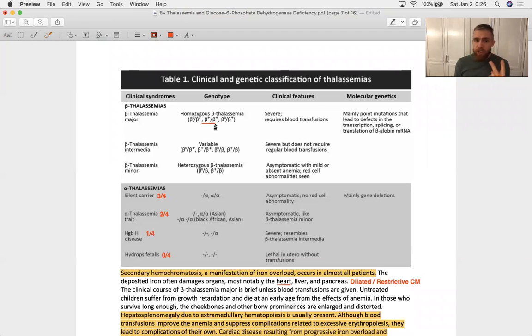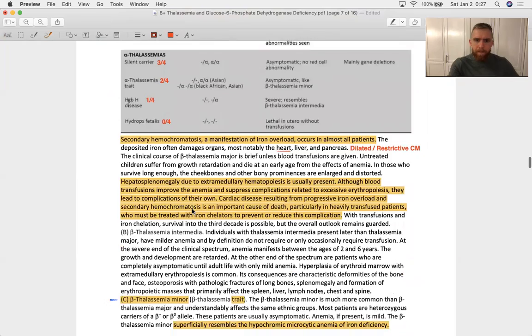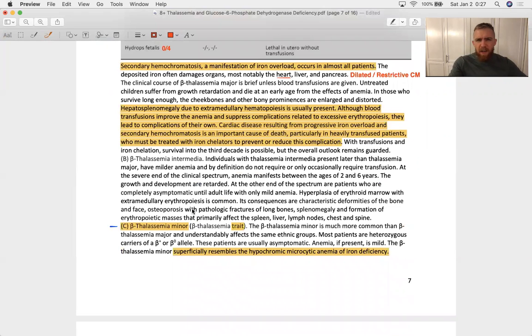So you've got 2 genes with partial, zero, or full function. In alpha thalassemia, there's no partial function of an alpha globin gene. You either have it or you don't. So if you have 4 out of 4 working, you don't have thalassemia. You can have 3, 2, 1, or 0 working. That's alpha thalassemia. So that's that chart.